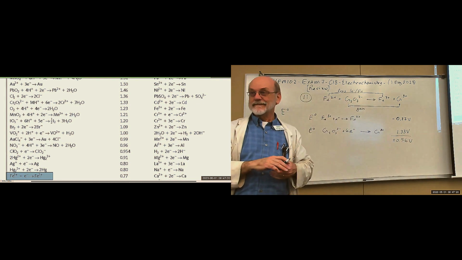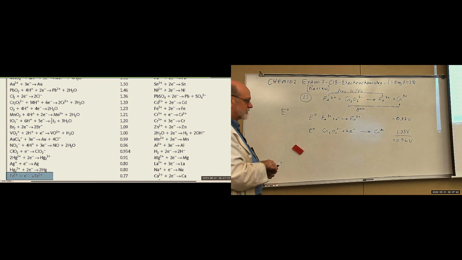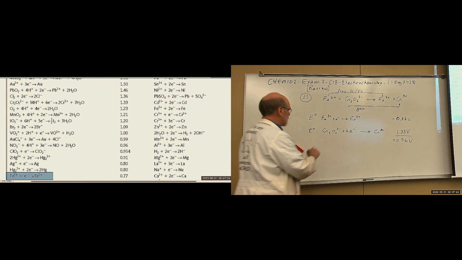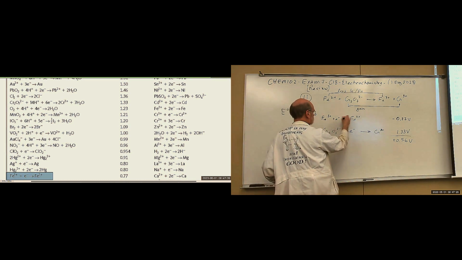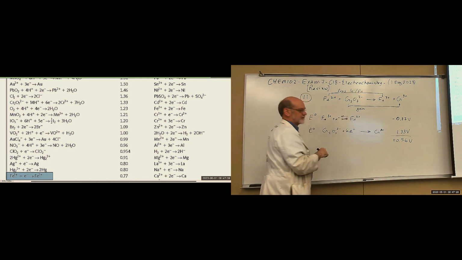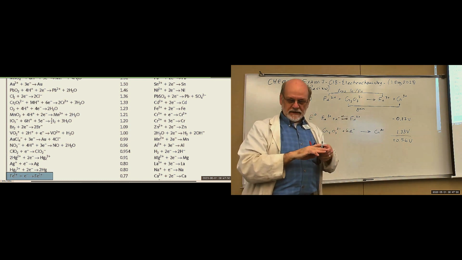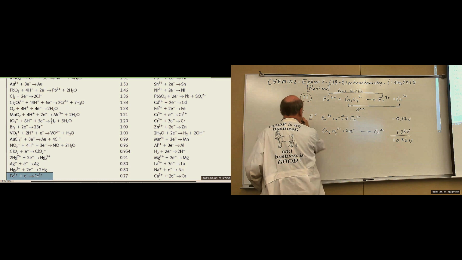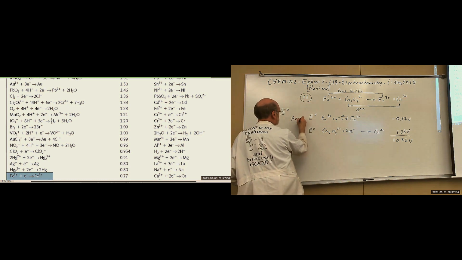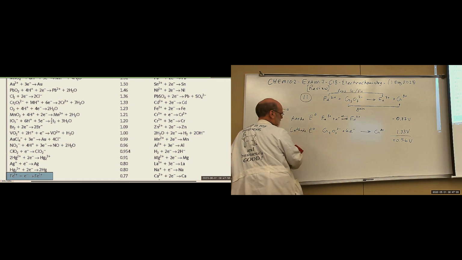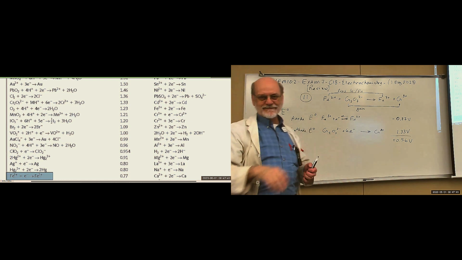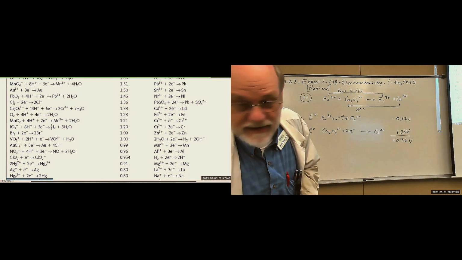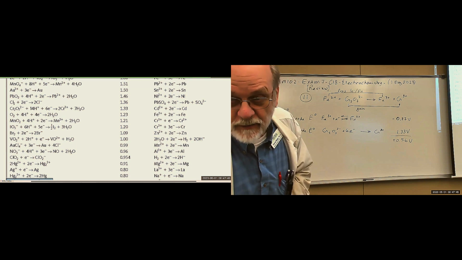Okay. We just have to flip this one around. Like that. Make sure this is the anode. This is the cathode. Okay. Now, 11. I need to go back up to 11.